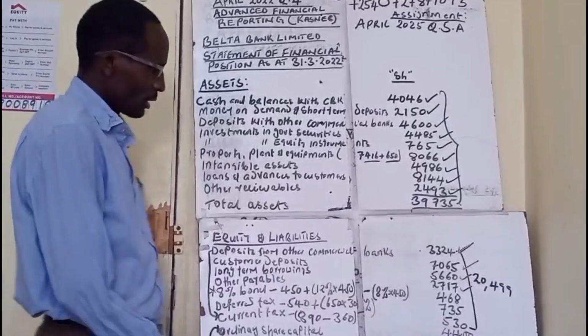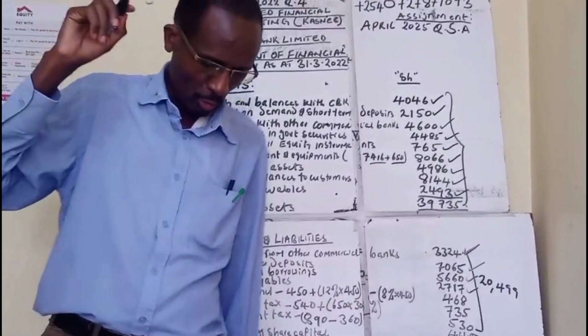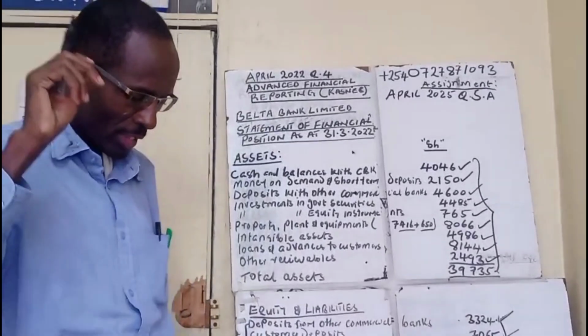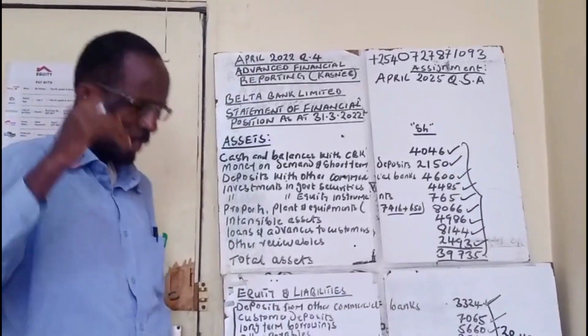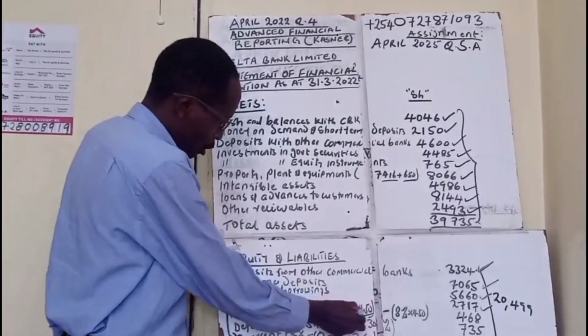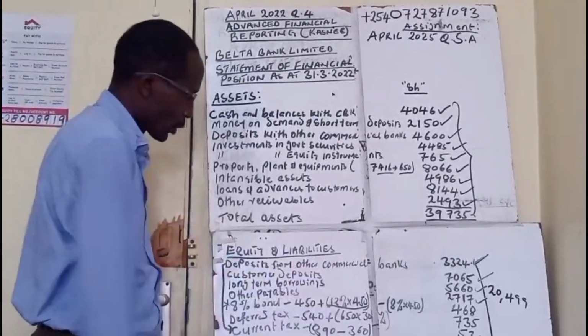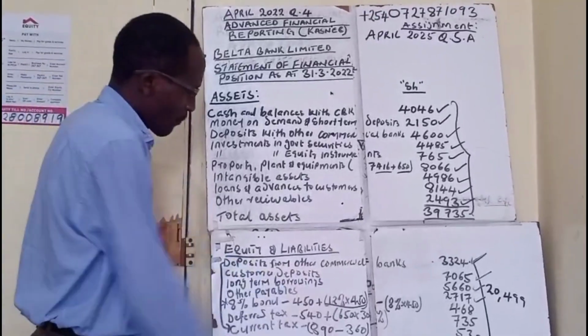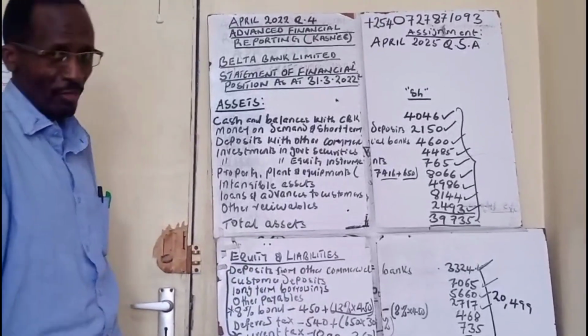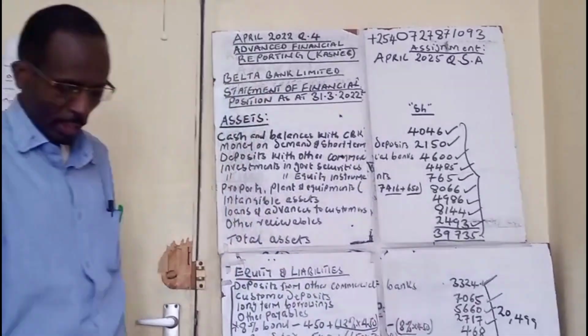If you look at our last video, where we did the income statement, you find how we calculated interest there. We took 12% of 450, but here, see what we have done. Remember, 12% was the effective interest rate, but 8% is the coupon.